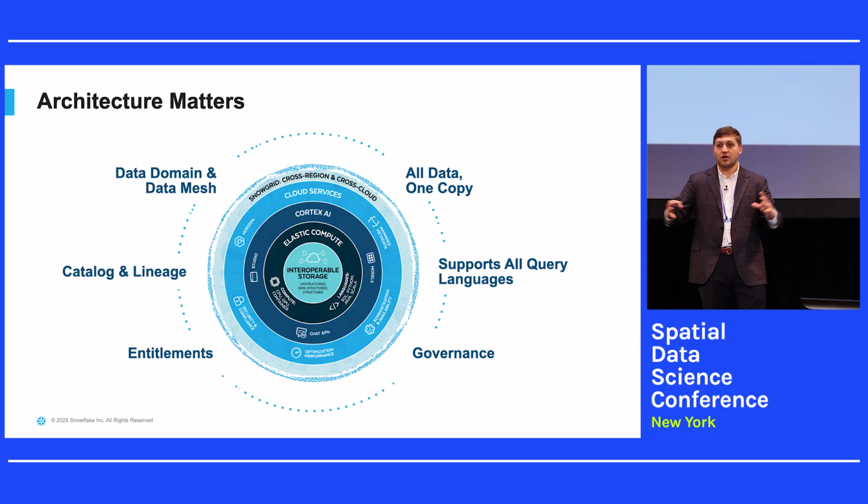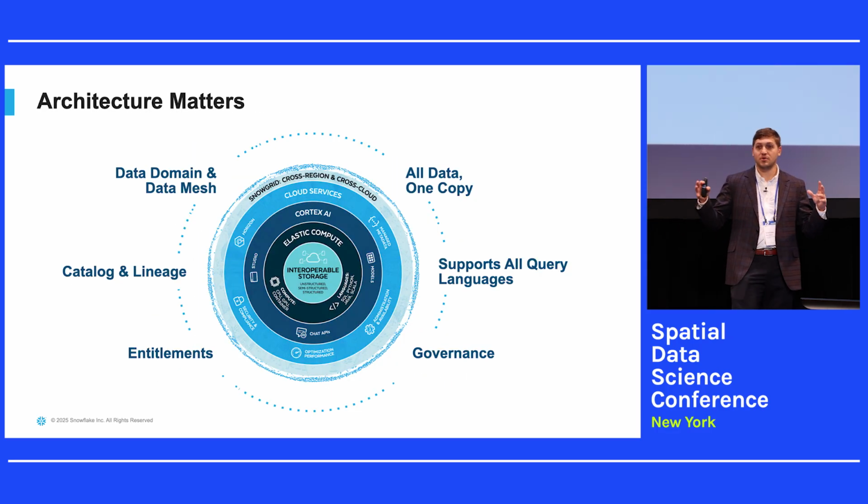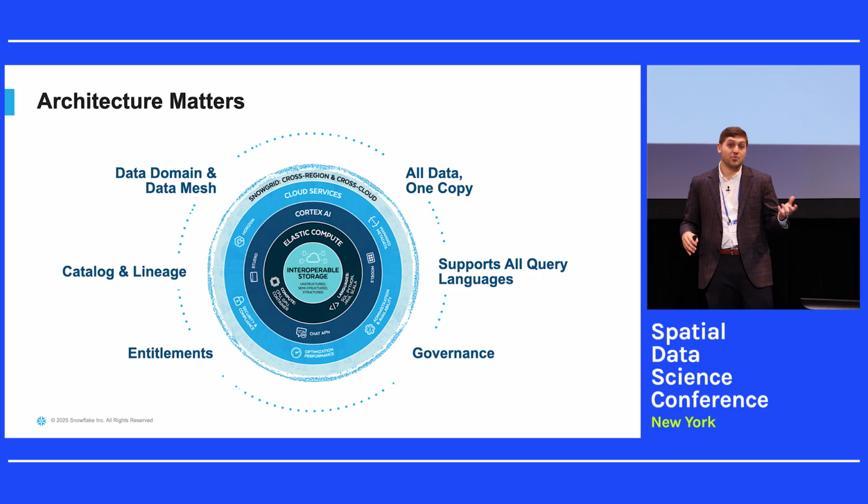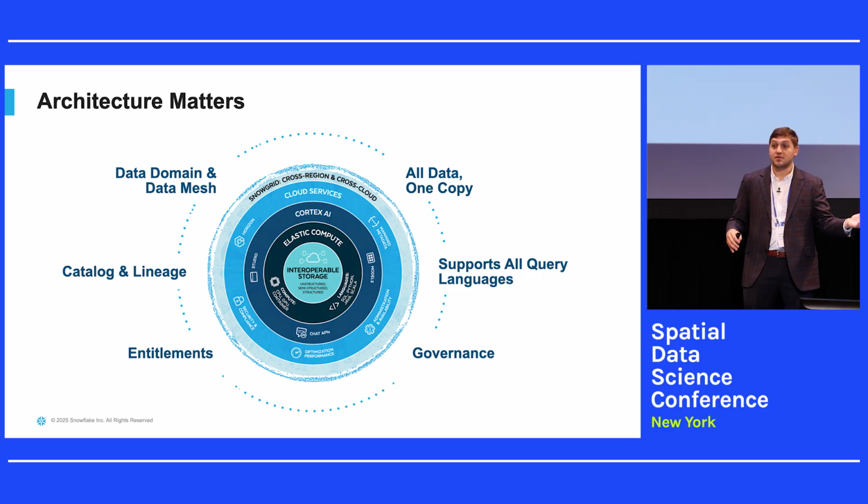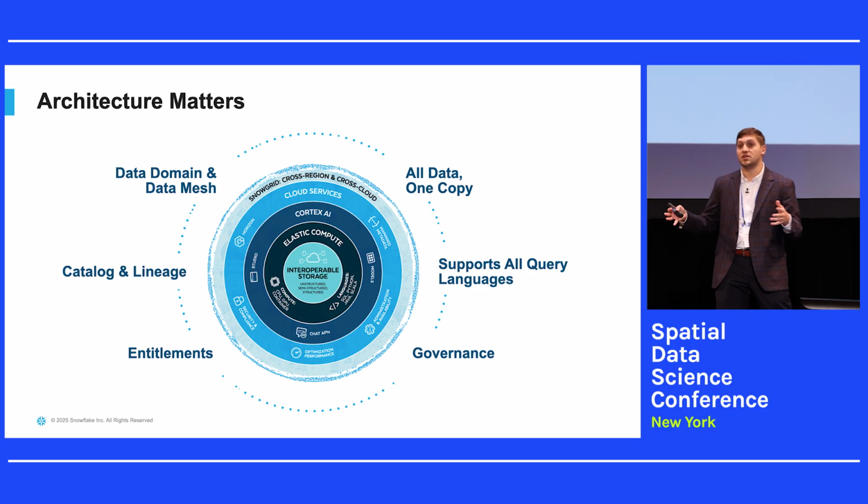Our architecture is really what makes all this possible. I always go back to the Snowflake roots of the separation of storage and compute. A lot of folks have followed suit in doing so, and this is the modern cloud architecture. At the center, we call it interoperable storage, whether that's our native format or bringing in Iceberg or Delta Lake data, and then bringing whatever compute resources you need to do the job.